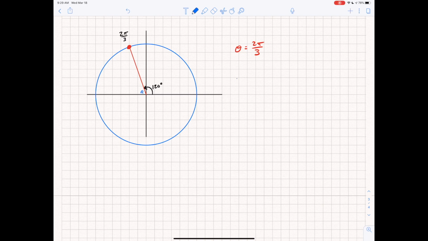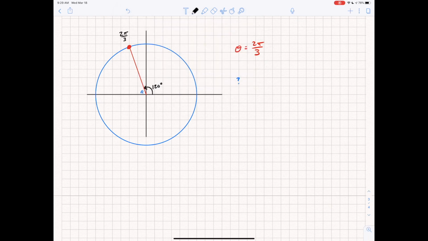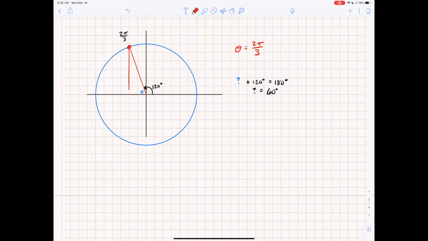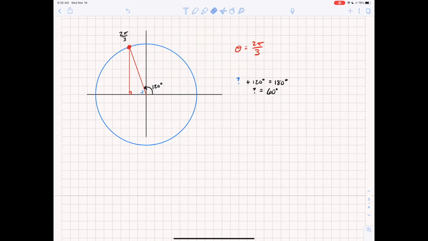To find it, notice this is my reference plus 120 has to be 180. So this means my reference is 60 degrees. So I'm going to draw my triangle. It's really skinny. That's why I said, why not. Let's look at this one. I know that this angle here is 60, which means this is a 30, 60, 90, and I can fill out the remaining pieces.